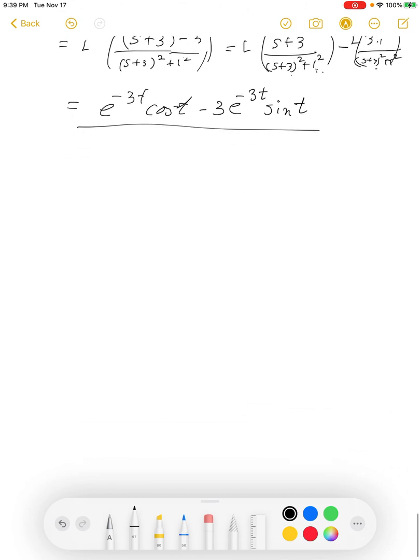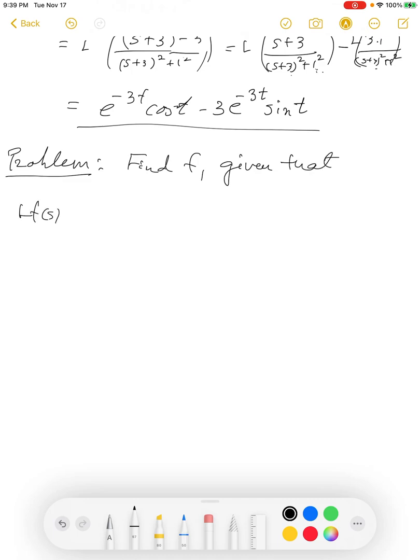One more. So find f given that LF of s is (2s minus 3) over s square plus 2s plus 10.